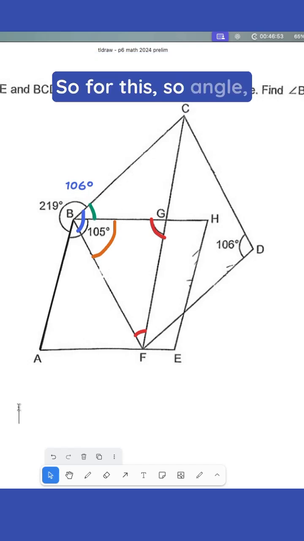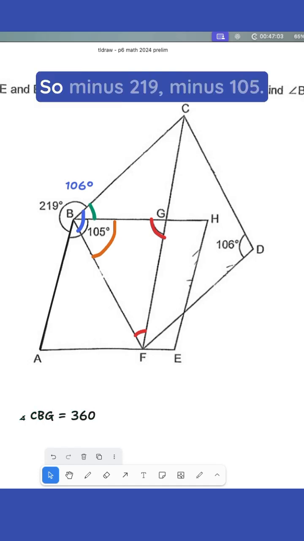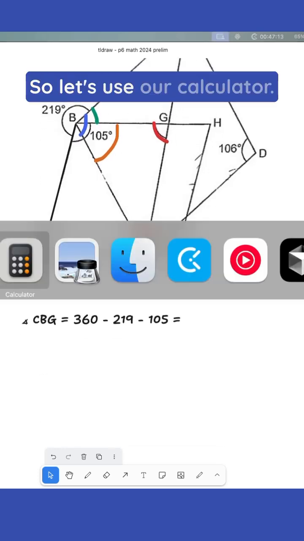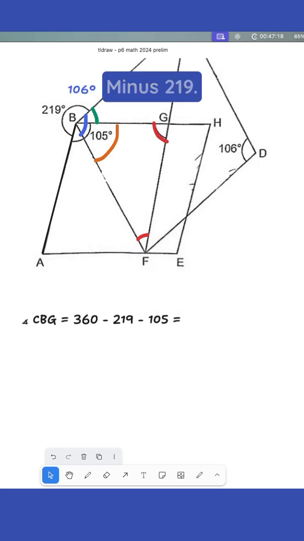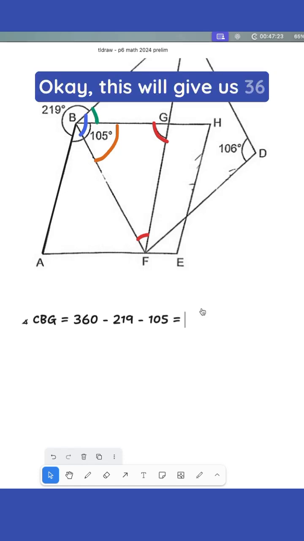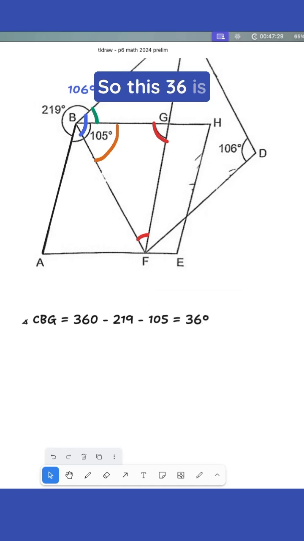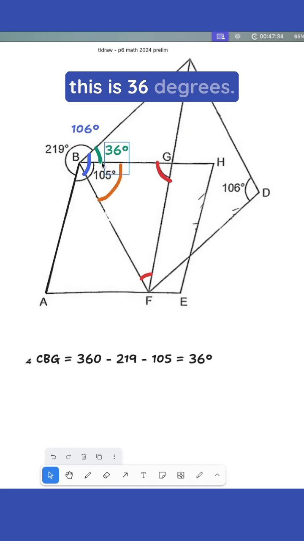Angle CBG is equal to 360 minus 219 minus 105. Let's use our calculator: 360 minus 219 minus 105 gives us 36 degrees. So this 36 is this green one over here. Now we know this is 36 degrees.